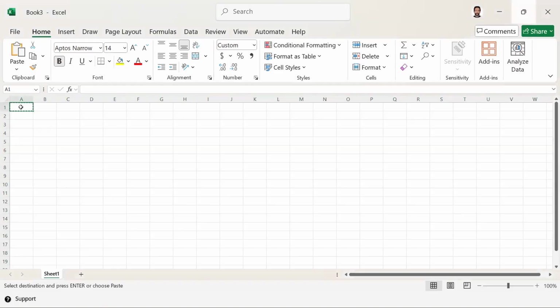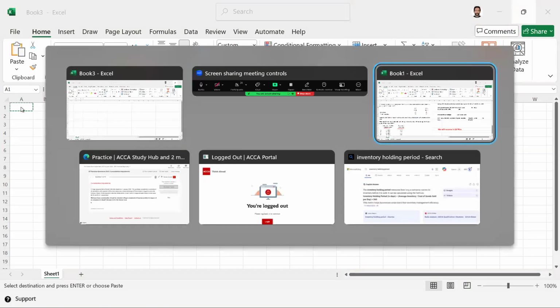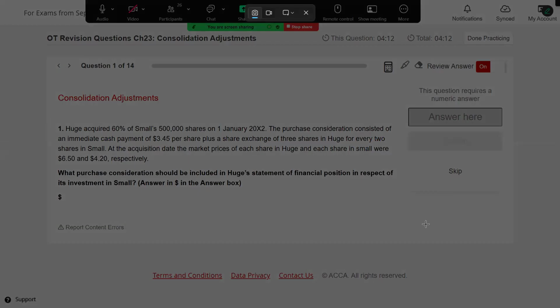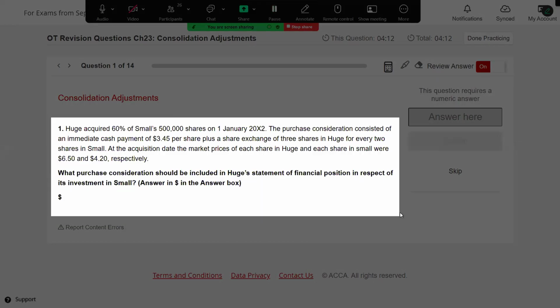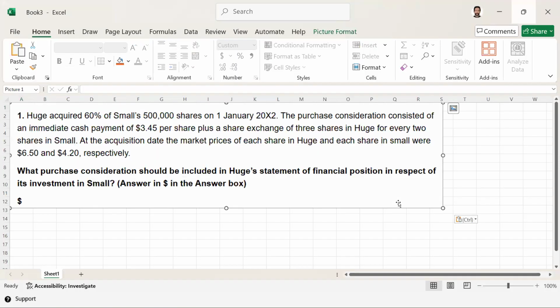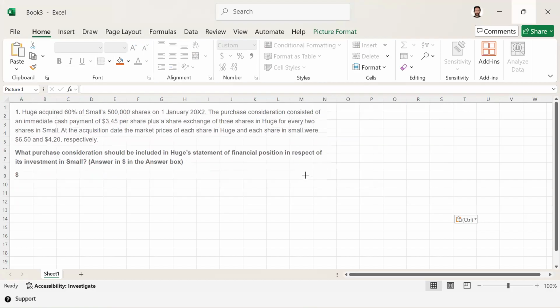So students, we have this question here, which we just saw. There is this company, we simply have to find the purchase consideration. Some of the purchase consideration is cash based and the other is share based.